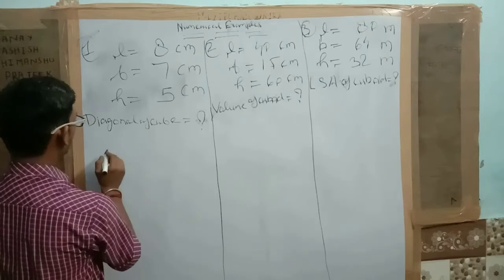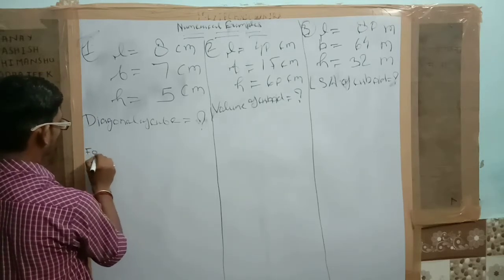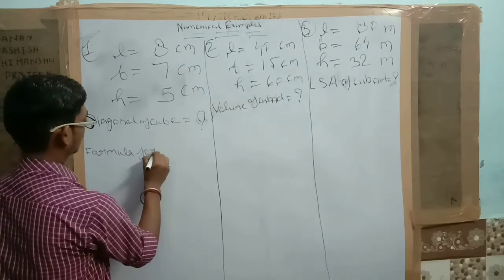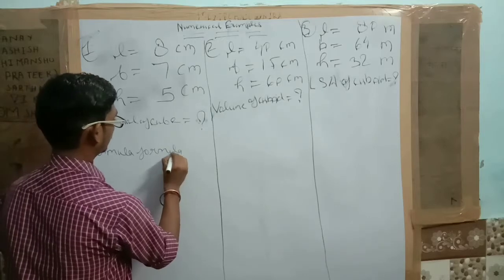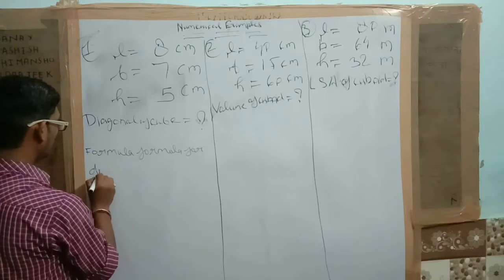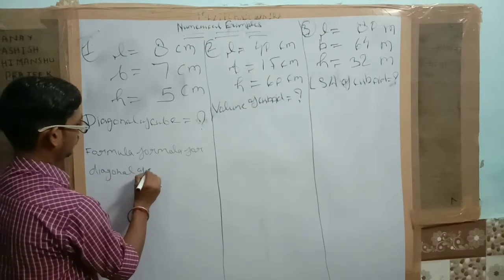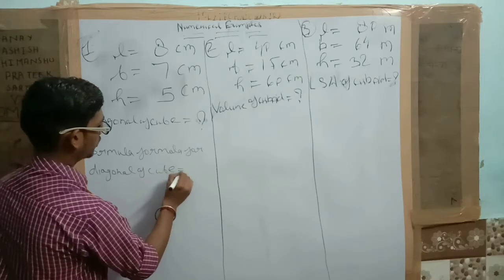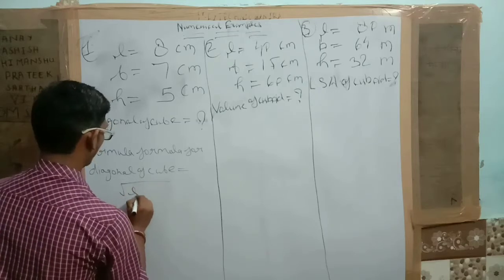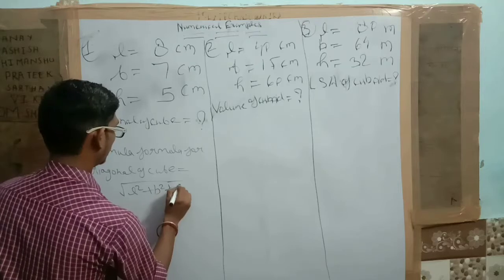The formula for diagonal of cuboid is under root L square plus B square plus H square.